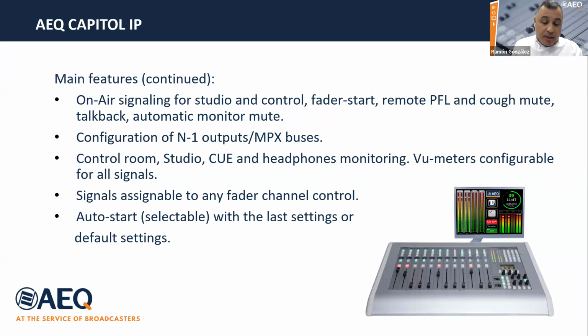You can configure as well, of course, N-1 outputs and multiplex buses at the same time. No problem. Control and studio room monitoring, very important. Also Q bus, or headphone special buses for monitoring. View meters for all signals, any signal to any fader channel, and the option to start with the latest settings or with the default settings.